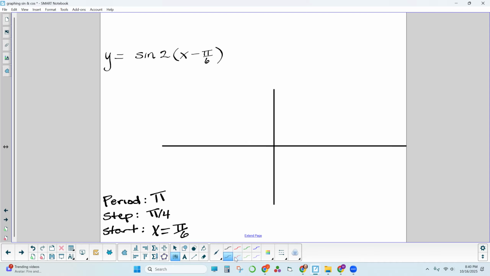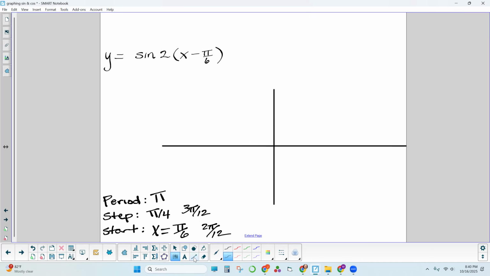So 4 and 6, we've got a common denominator of 12. So pi over 4 is 3 pi over 12. Pi over 6 is 2 pi over 12. There we go. Okay, so there's our start, there's our step. We got a common denominator.